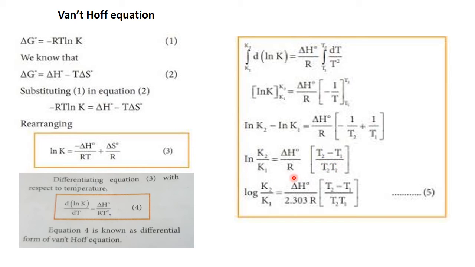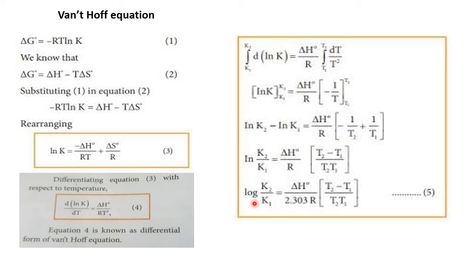Then how can you change ln to log? It is a new term for you, ln. Before, in maths you studied only log values. Here in chemistry we are studying ln, the integration of d ln K. This ln can be converted into log by multiplying by 2.303.